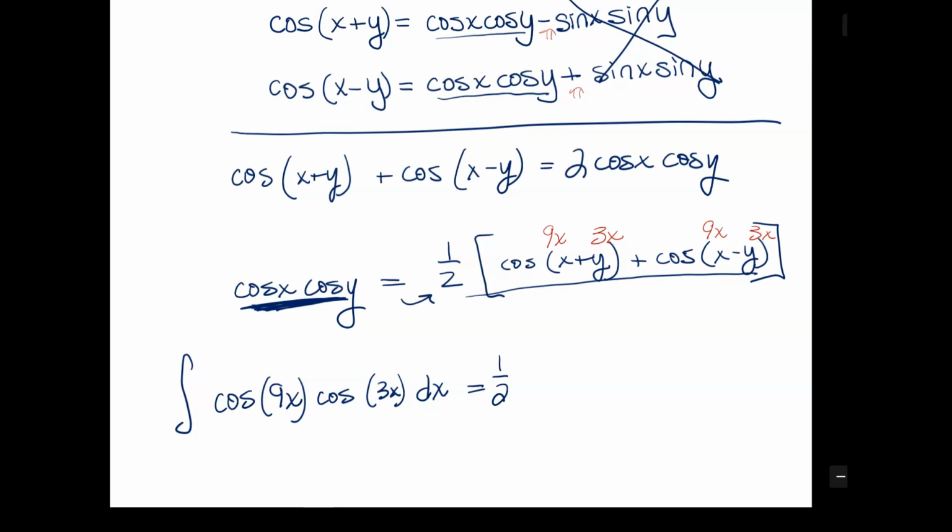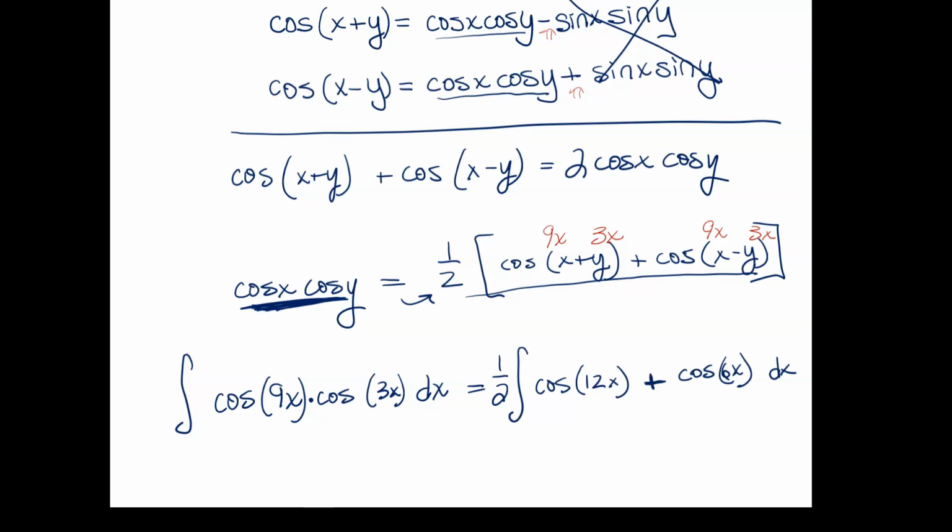So 1/2 of the integral of cosine, and those are like terms, so we can go ahead and add them together. That's cosine of 12x plus, and 9x minus 3x is 6x, cosine of 6x. So what we have succeeded in doing is turning that product into a sum.